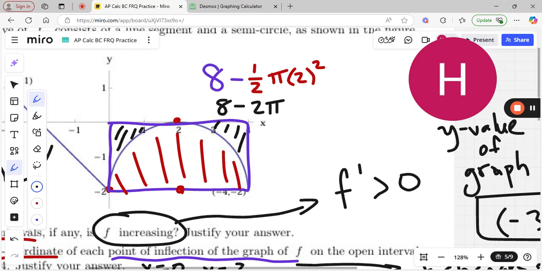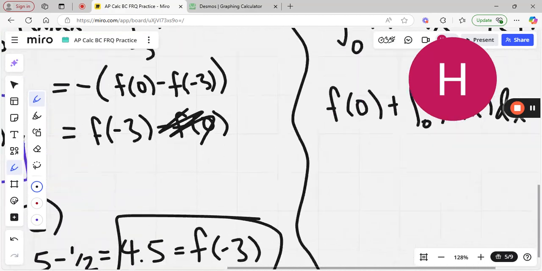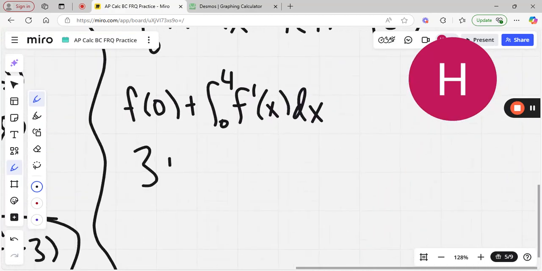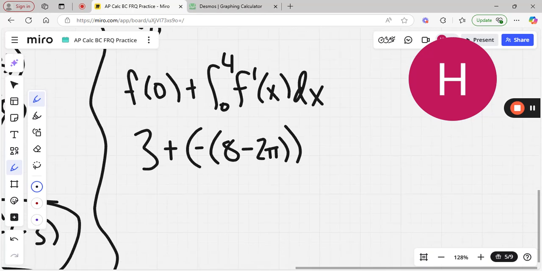So even though I made this region look like a clown's costume, with all the nose-looking things, this area, we need to consider it as a negative, basically, because it's underneath the x-axis. So this is going to be 3 plus a negative 8 minus 2 pi. So in other words, we could just call this 2 pi minus 5, and that is equal to f of 4.